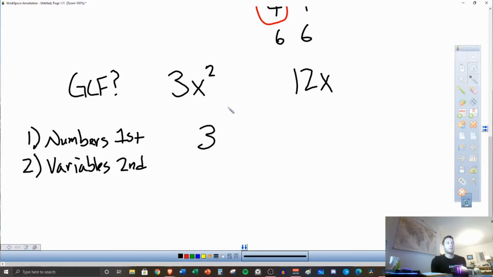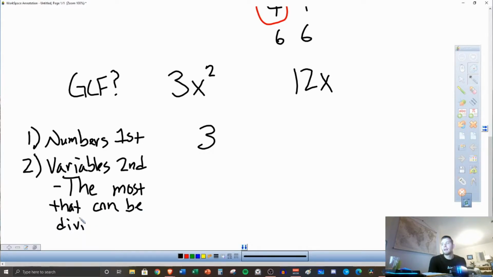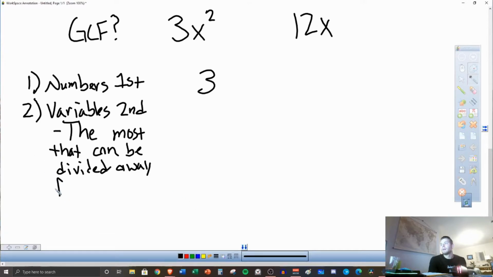Okay, so think about it this way. We're talking about variables, and I'm going to put a little tick mark here. The most that can be divided away from each term.